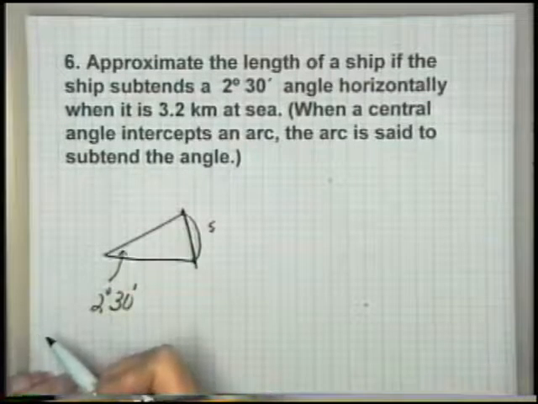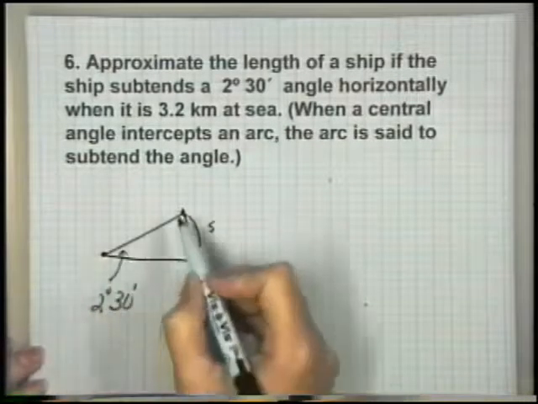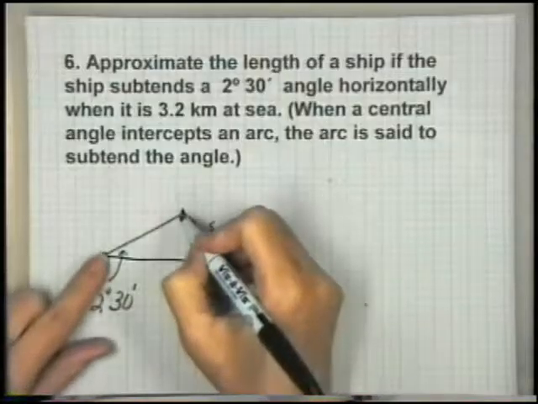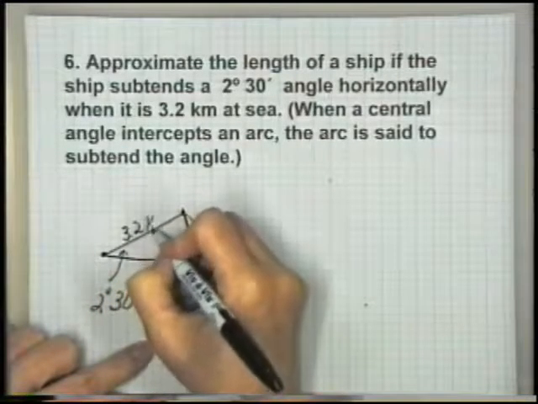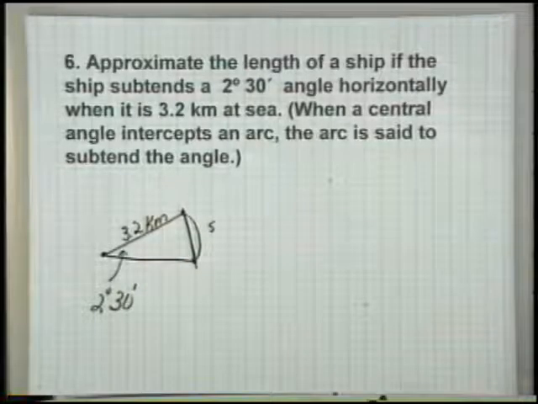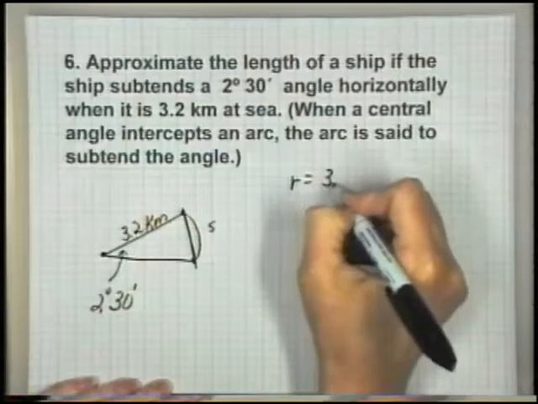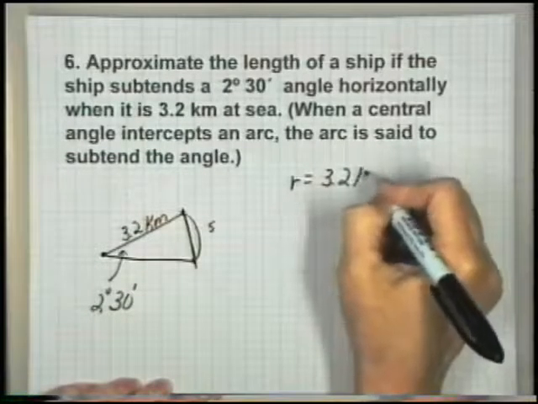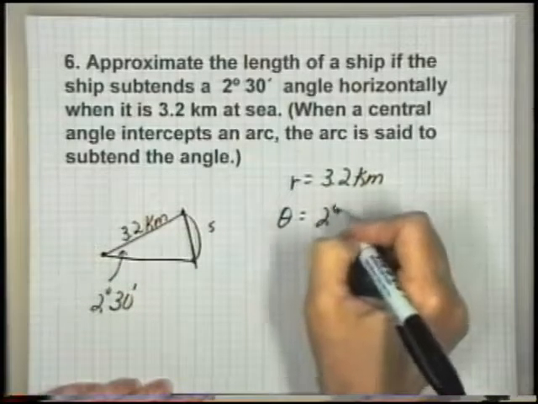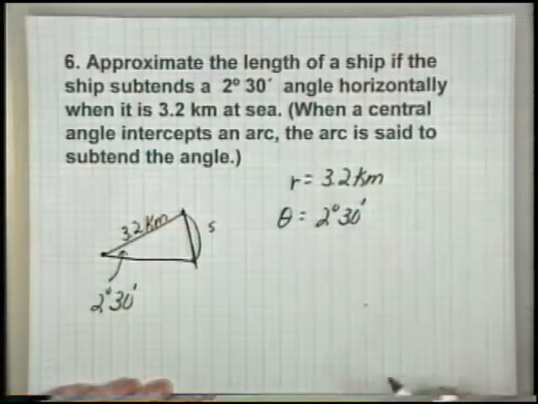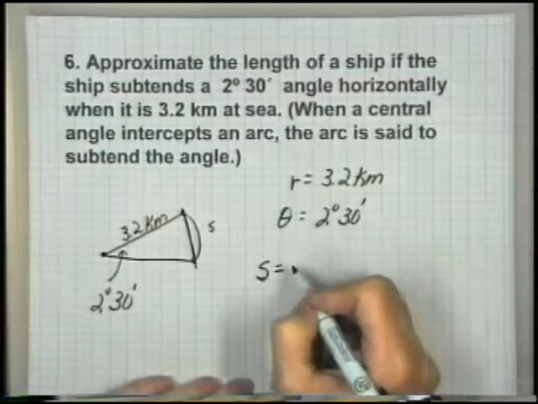Now it tells us that it is 3.2 kilometers at sea, so this point would represent the shore, and out here it is at sea, letting the radius equal 3.2 kilometers. So R equals 3.2. We have that theta equals 2 degrees 30 minutes, and we're going to find S.